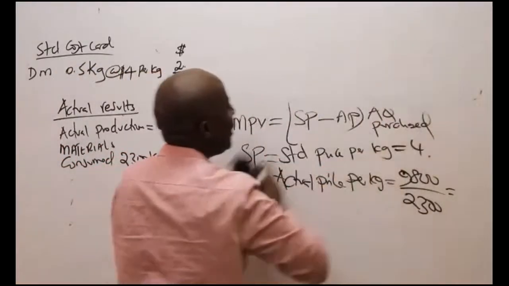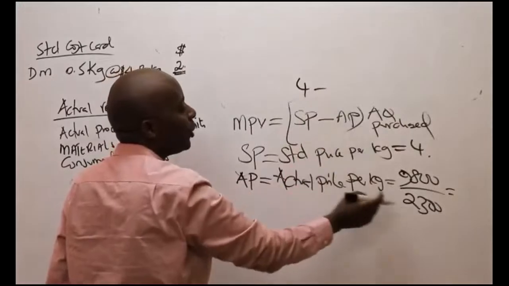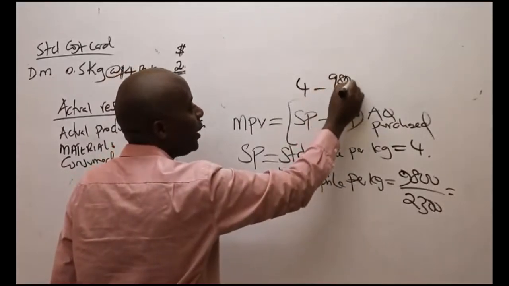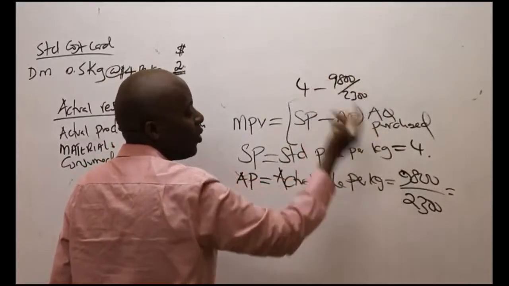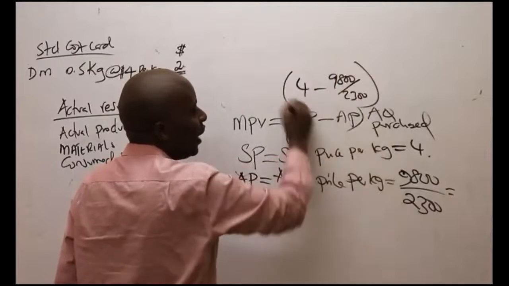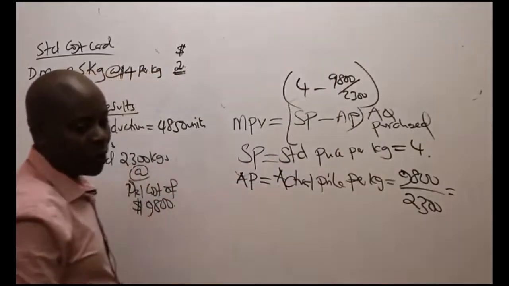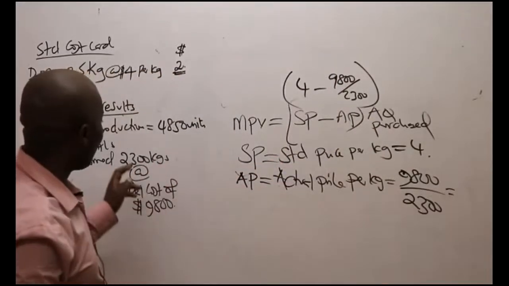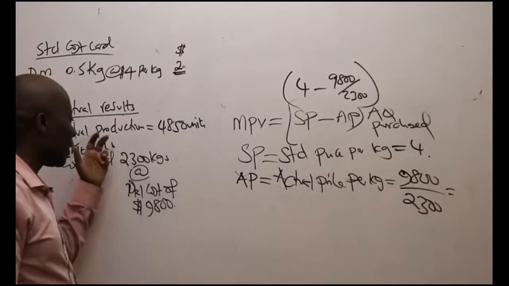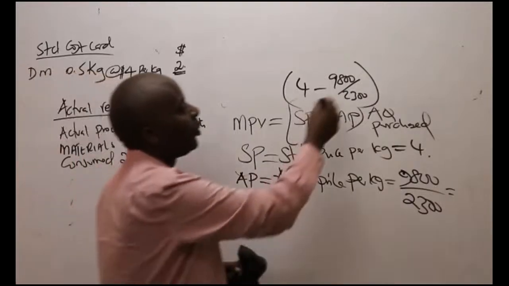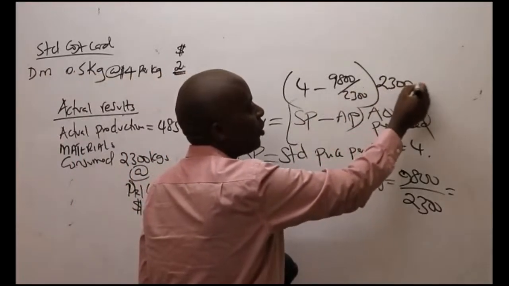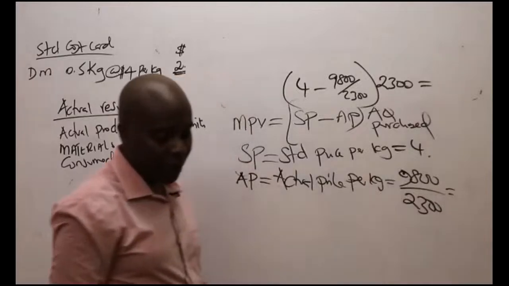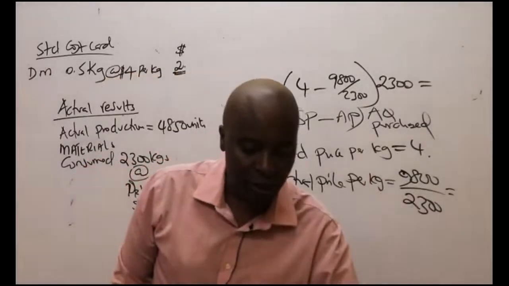The standard price here is 4 minus the actual price, which is 9,800 divided by 2,300, multiplied by the actual quantity that was purchased. We know that we purchased and consumed 2,300 kilograms. So please give us the answer on the other side.